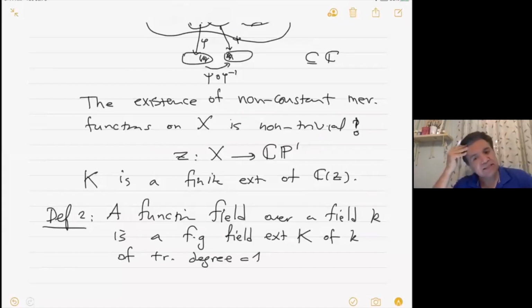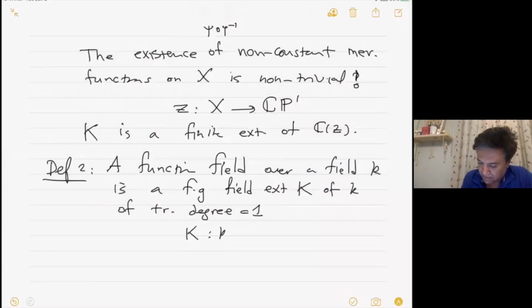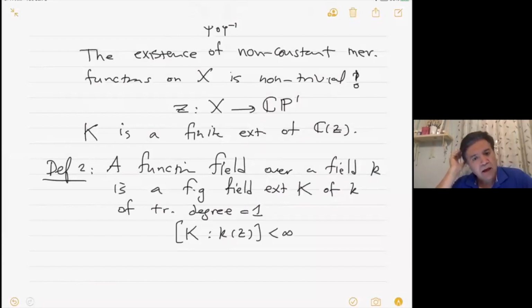What this means is that you find an element in capital K, let's say z, such that K is a finite extension of k(z). And this definition has the advantage of working over other fields, not just complex numbers.